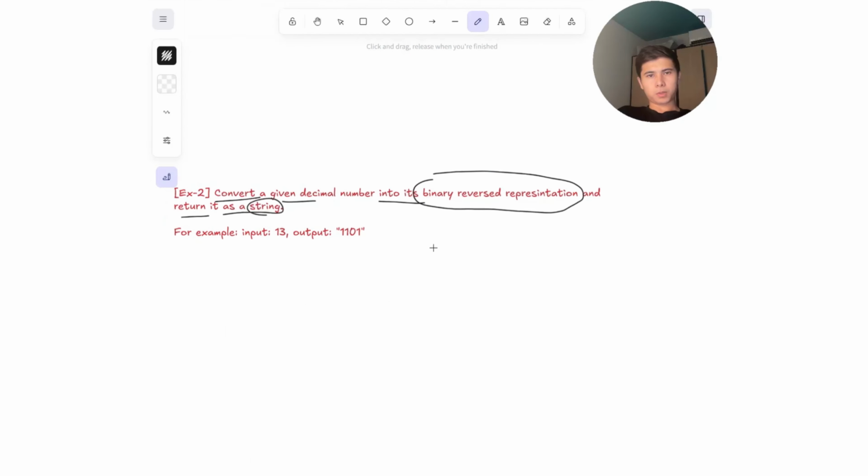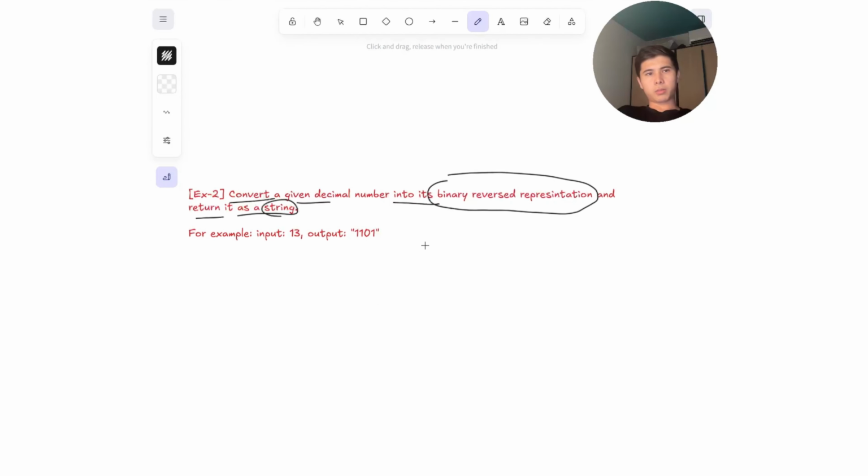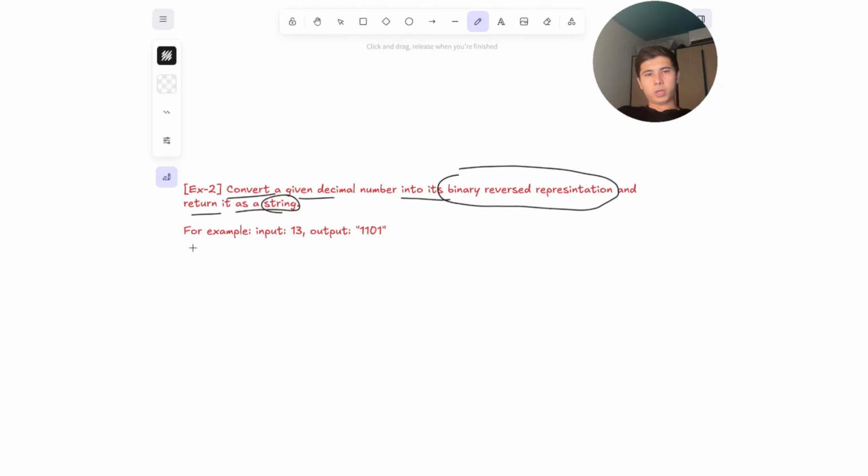So again, we can see firstly the mathematical solution and then the algorithmic one. When our input is 13, our output needs to be the reversed version, which is 1011, because the binary representation is 1101, and then we have to reverse it.